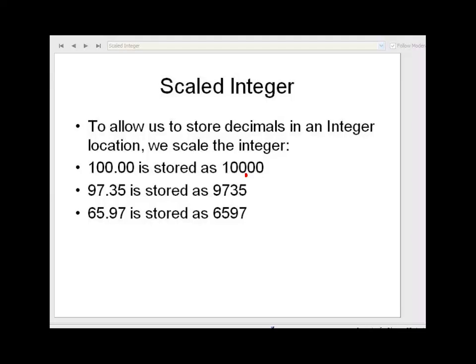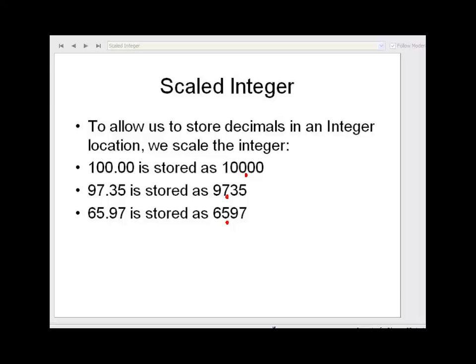So instead of storing 100.00, we store 10,000 because we pretend that there's a decimal point in there. Instead of storing 97.35, we store 9735. And instead of storing 65.97, we store 6597, and we pretend there's a decimal point there.